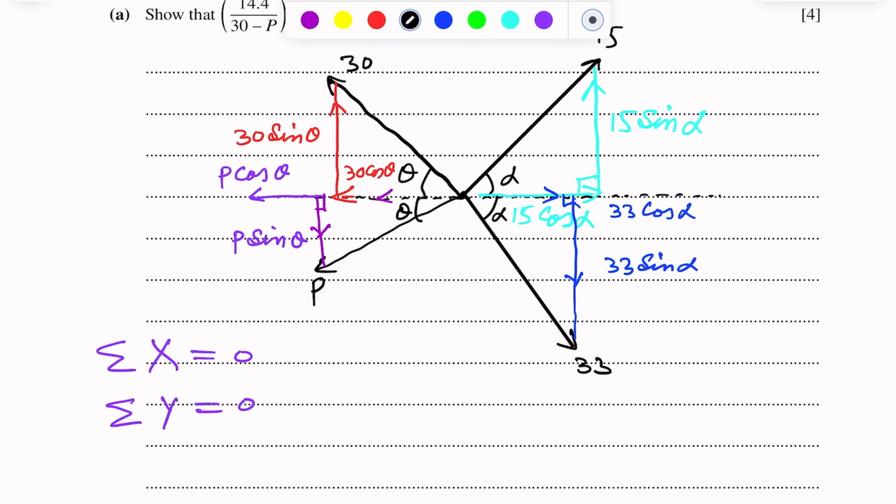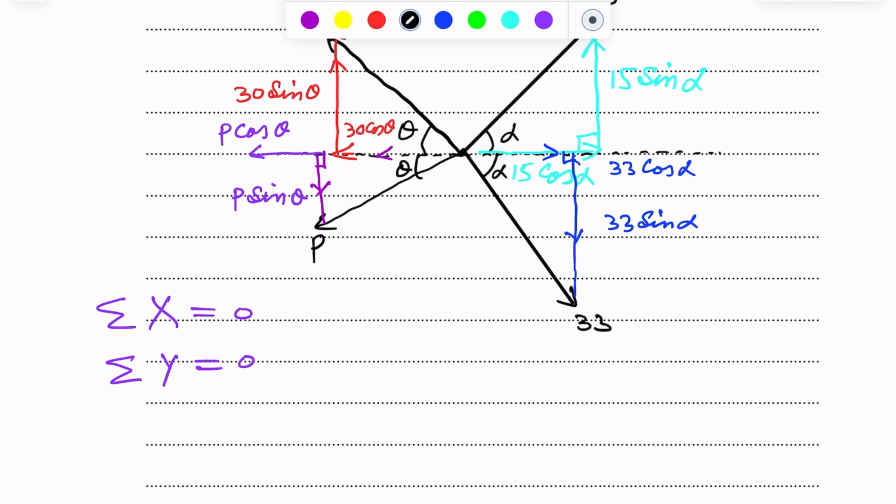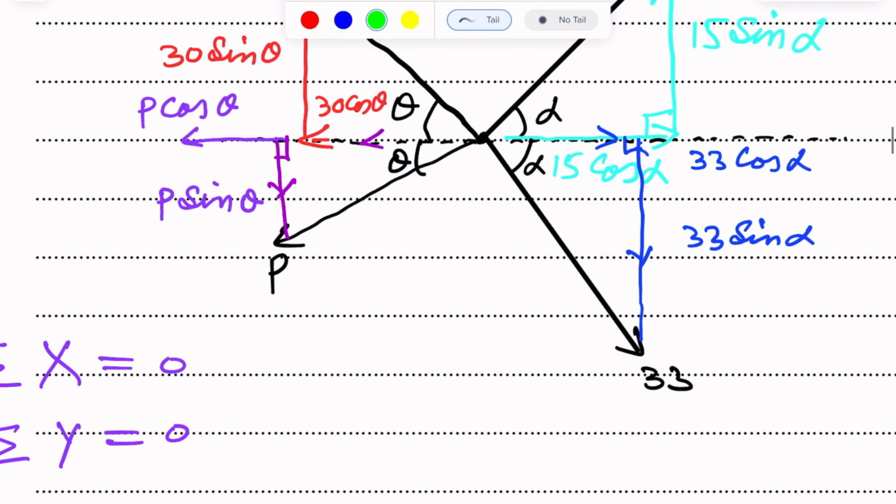Now we will find the sum of horizontal forces. 15 cos alpha plus 33 cos alpha are the rightward forces, and the opposite forces are P cos theta and 30 cos theta.